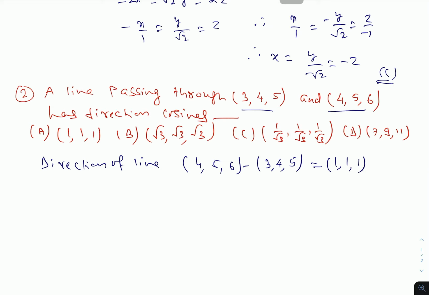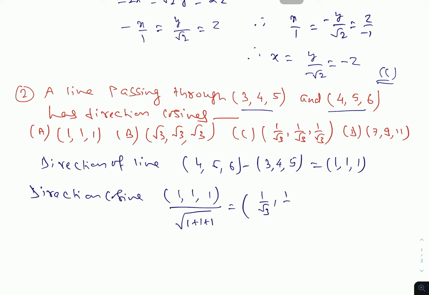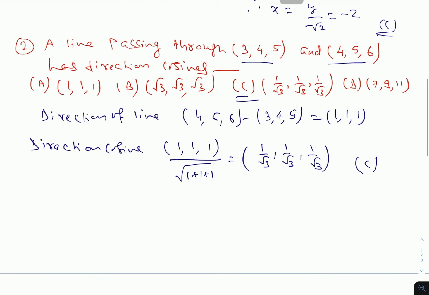Direction cosine is a unit vector, so direction cosine is 1 1 1 over root of 1 square plus 1 square plus 1 square. So you are having 1 by root 3, 1 by root 3, 1 by root 3. This is the direction cosine. So again option C is there.